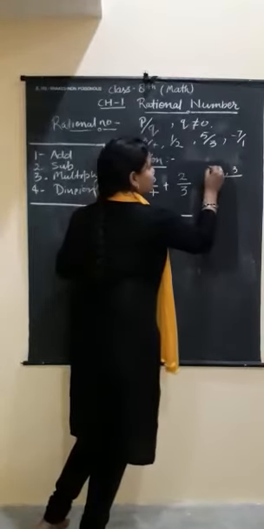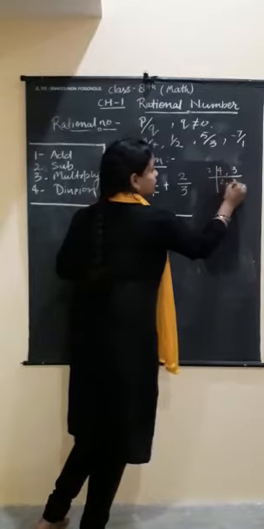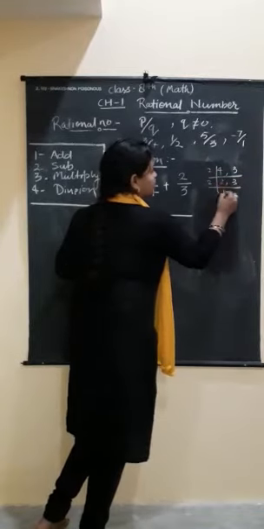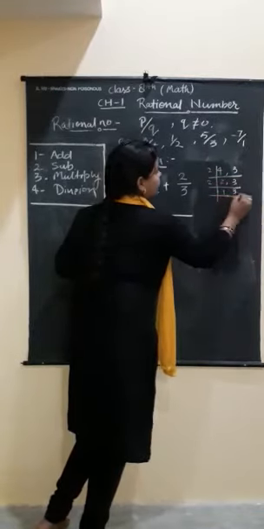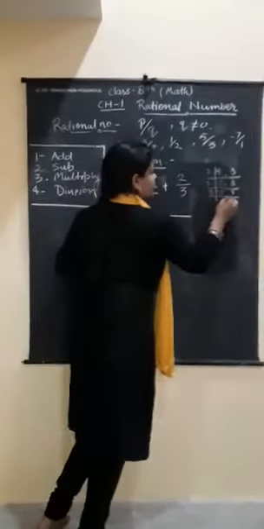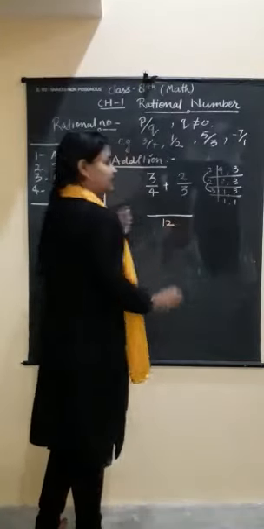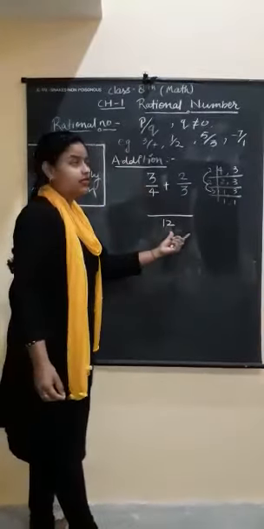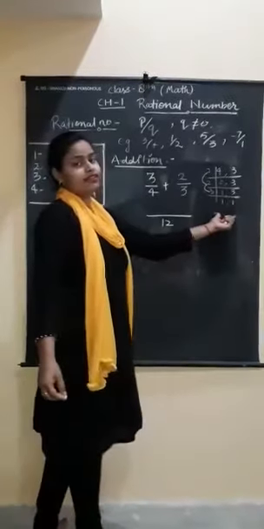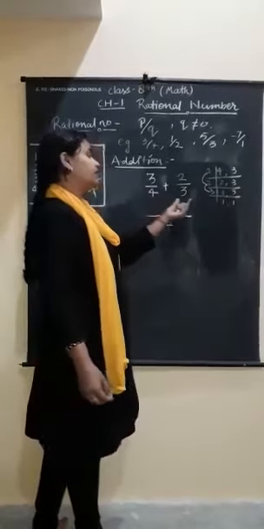The LCM of the denominators: 2 ones are 2, 2 twos are 4, 4 threes are 12. So the LCM of 4 and 3 is 12. This is the technique to take the LCM of 4 and 3.